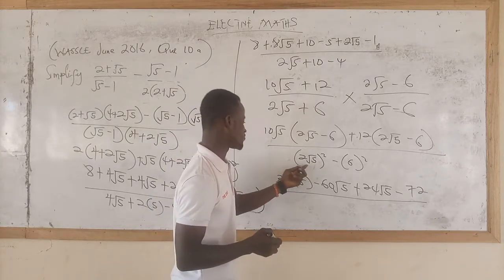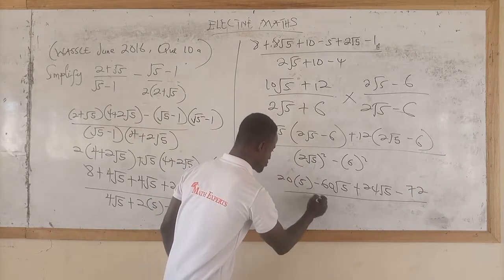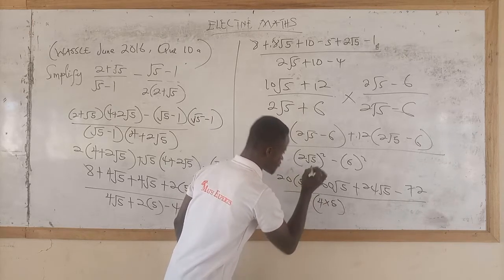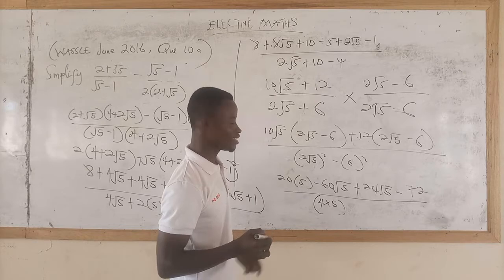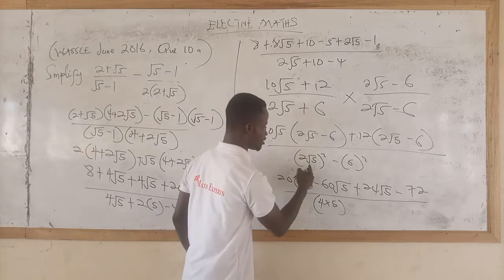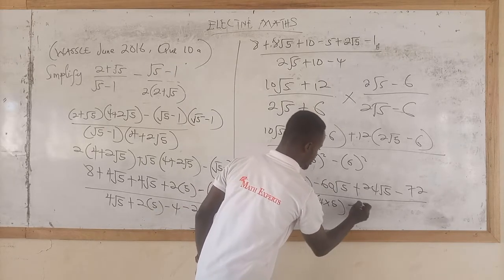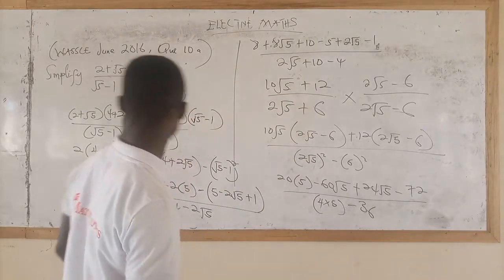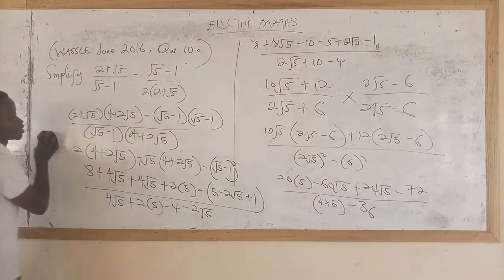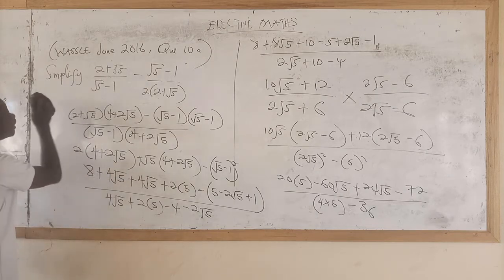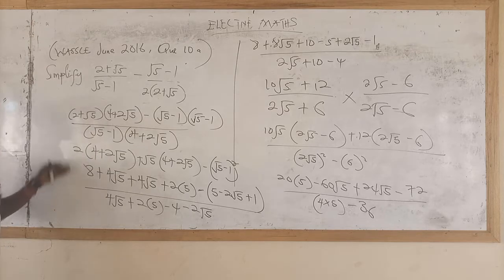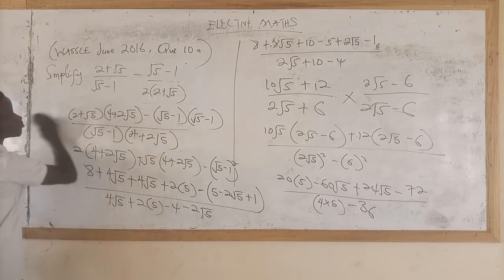The scale of the whole of this is going to give you 4 times 5 minus 36. So now let's move on. I hope this part is clear and I can clean it. If you are not done writing this part, pause the video, write it, and let's continue.